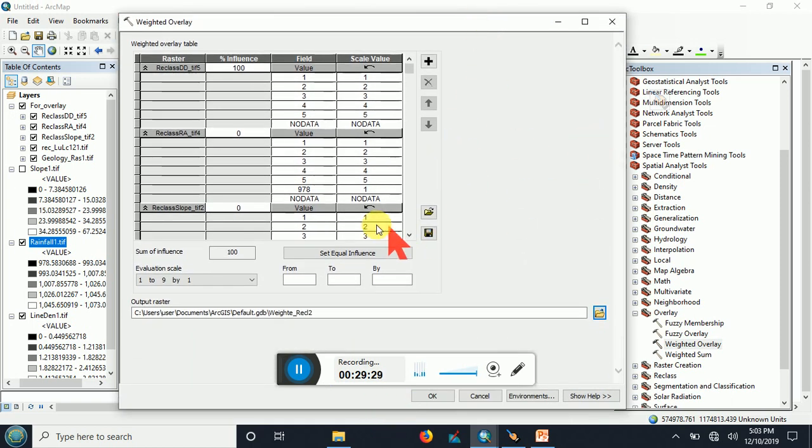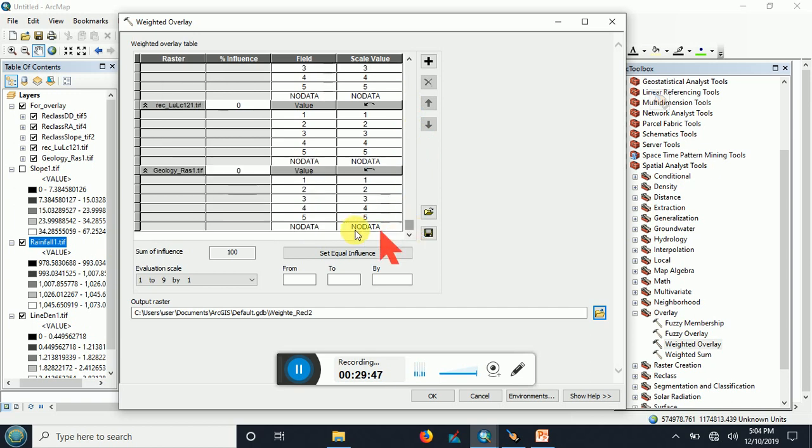So we already added the 5 thematic layers that we believed will highly affect the groundwater potential zone: reclassified DD, rainfall, slope, land cover, and geology.